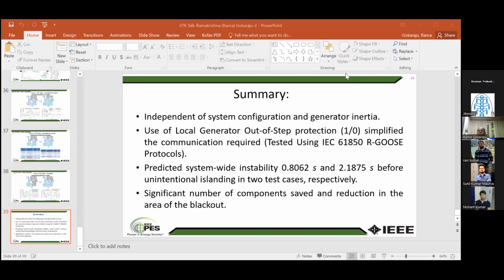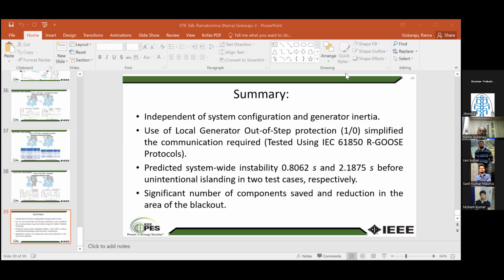Okay, another question is from Jitendra. What will be the effect of large penetration of renewable energy resources on transient stability prediction? That's a very good question. When we have these wind resources, when the penetration levels were small, they were all lumped together.